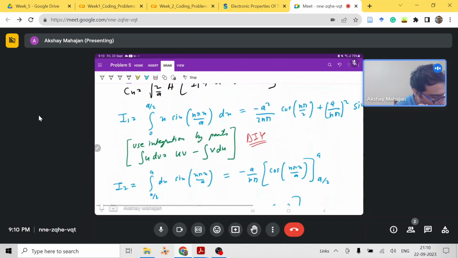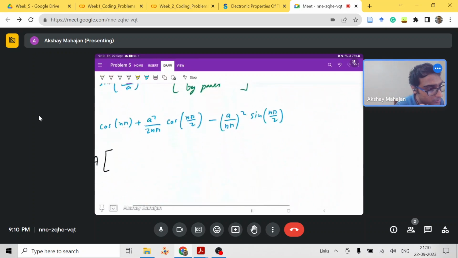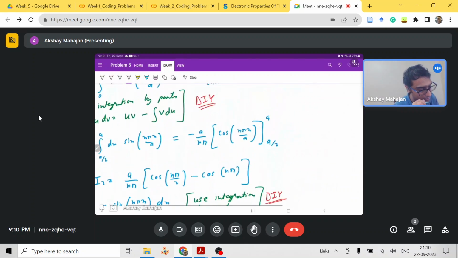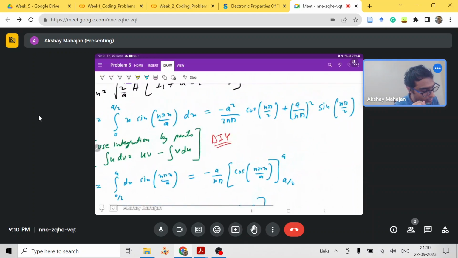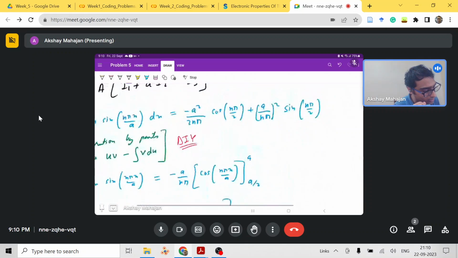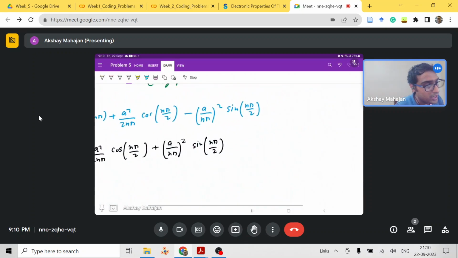I1 is this big value: minus a square upon 2 n pi cos of n pi by 2 plus a upon n pi whole square sine of n pi by 2. This will be our I1.